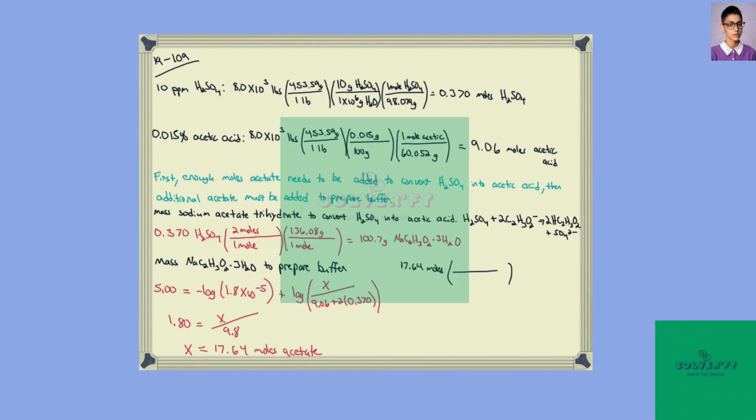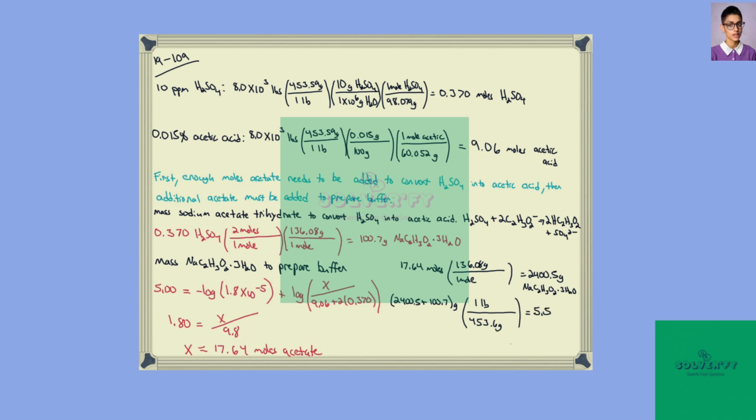So the total amount that I need to add is going to be the 17.64 moles converted to grams by multiplying by the molar mass of sodium acetate trihydrate, and I get 2,400.5 grams. But that is the second amount that I need to add on top of this amount to get all of my sulfuric acid into acetic acid.